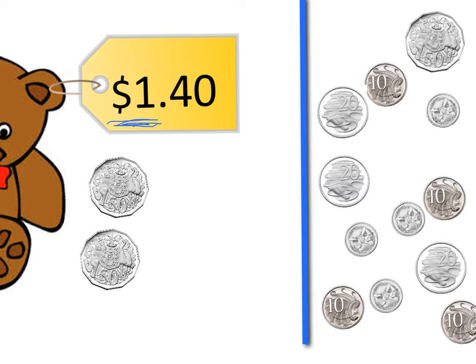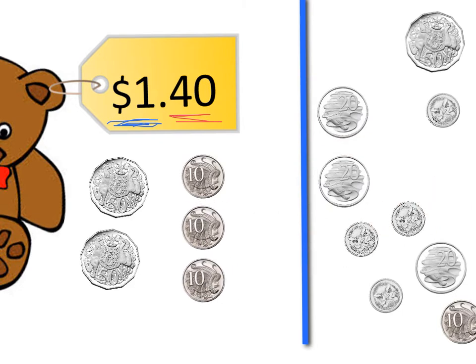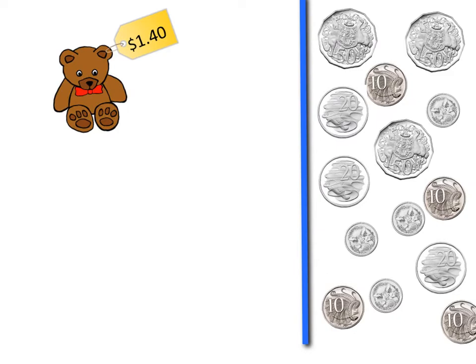Then, once I have that, I want to make sure that I've got the right cent amount. So we need 40 cents. I could bring over 10, 20, 30, 40 cents. So now I know with all of this money, I can buy my teddy bear for $1.40.